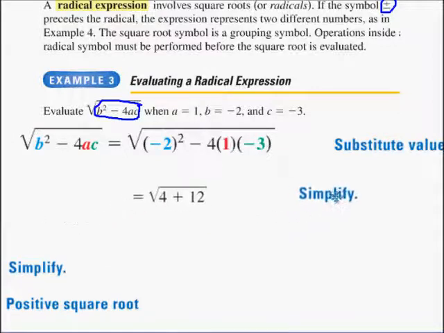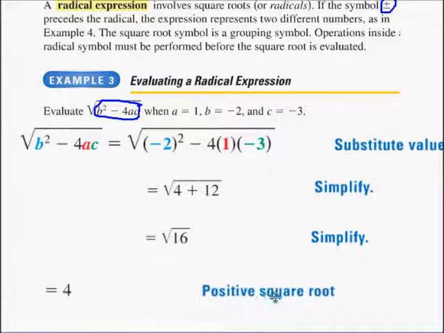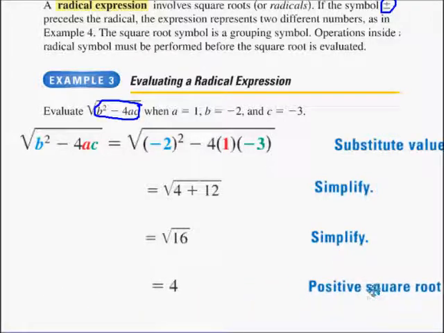When I simplify the first time, negative 2 squared is 4, and negative 4 times 1 times negative 3 is going to be a positive 12. I can simplify one more time now. I got all my symbols out of there, and I have the square root of 16. We know the square root of 16 is a perfect square, so the answer there would be 4.